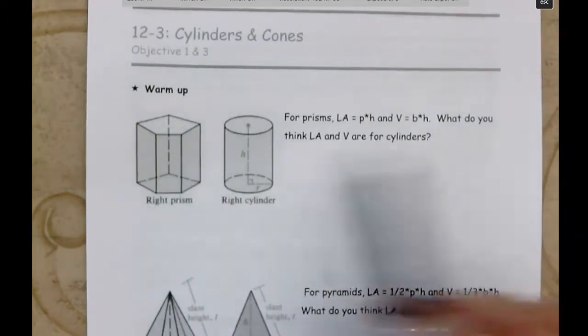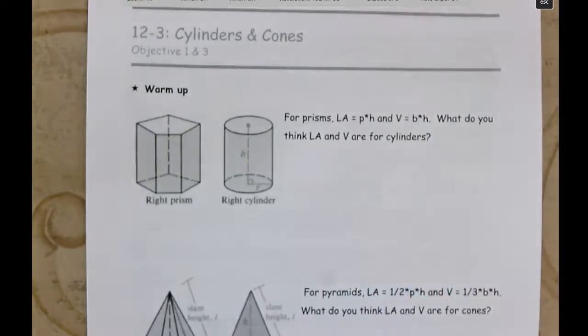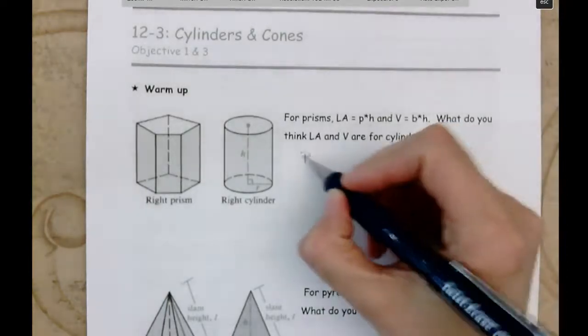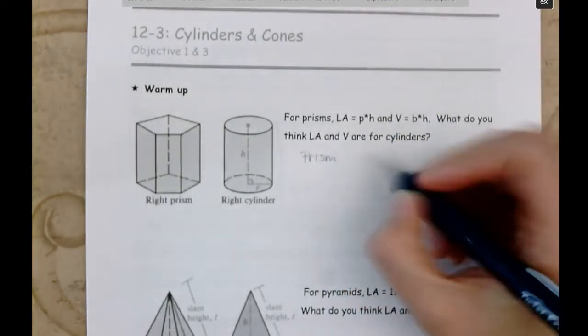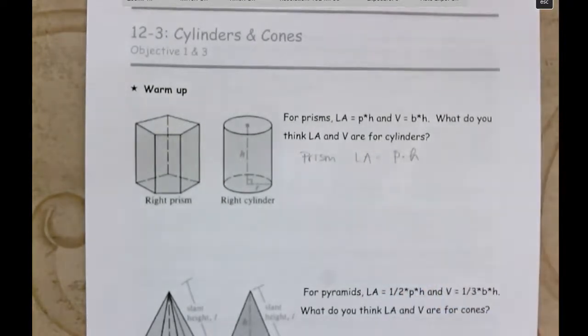So what do you think the lateral area and volume are for the cylinders? What do you think? Should be quite similar, right? So in fact, it's almost identical. So for the prism, lateral area is perimeter times height, right?